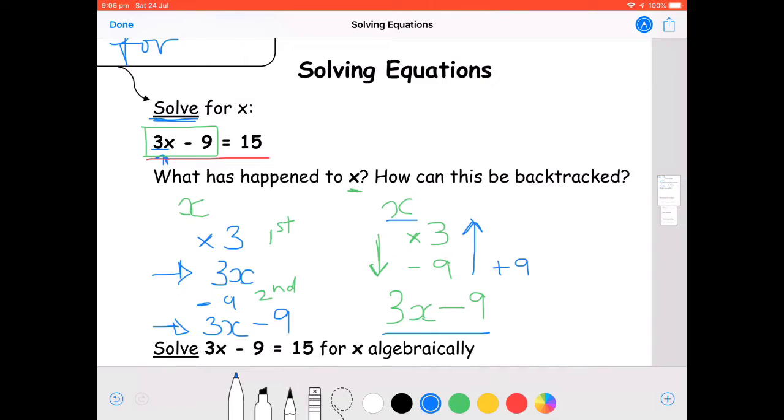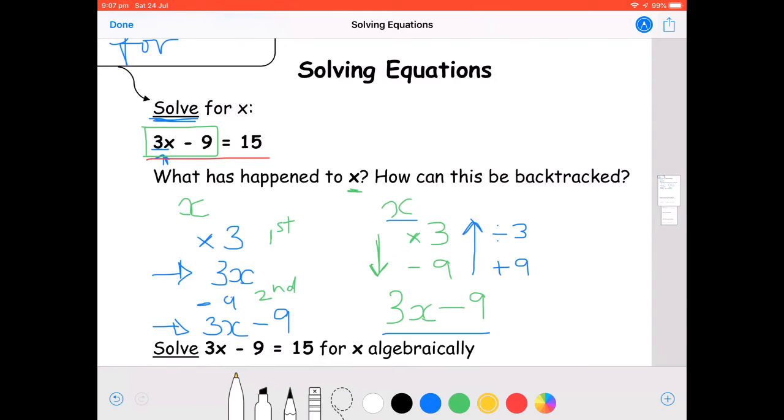And if we multiplied by 3 originally first, then we can just divide by 3 to reverse that, after we've re-added the 9. So to backtrack what has happened to x, first we add 9 to reverse the minus 9, and then we divide by 3 to reverse the multiplication by 3. So you just do the opposite of what happened originally.